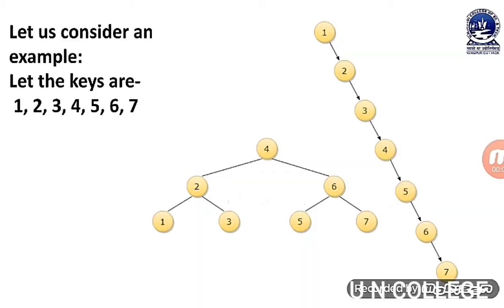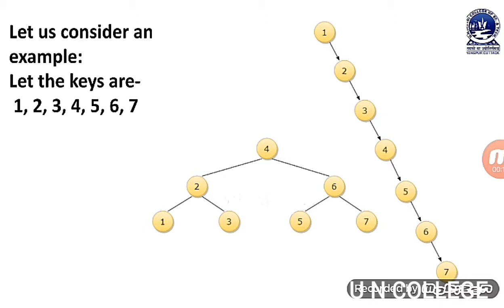Here I have represented one example of taking some data values. Those are 1, 2, 3, 4, 5, 6, 7, and I have represented one BST using that data and also one AVL using that data.